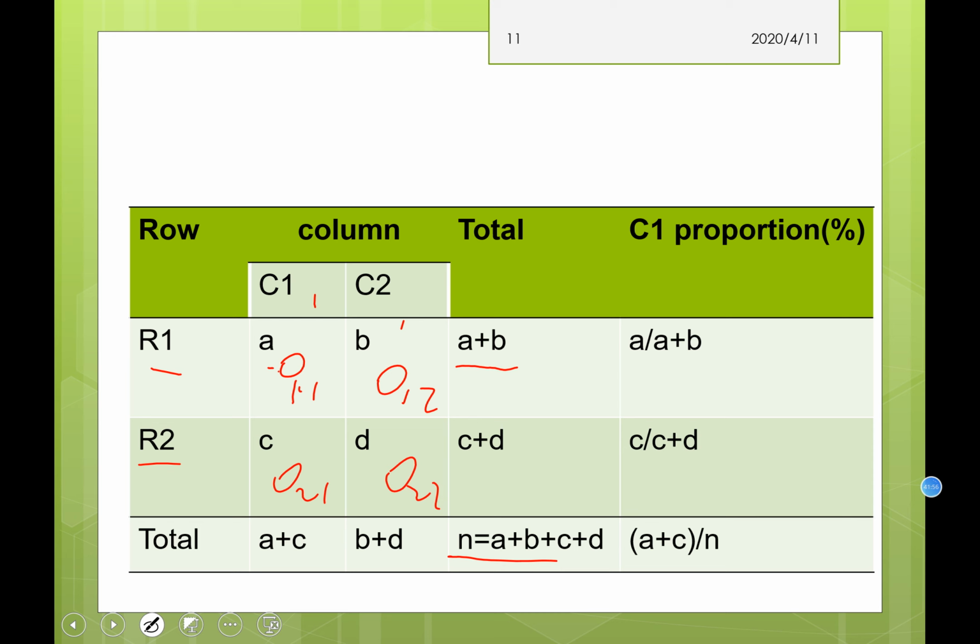And here let's calculate the proportion of C1 in each group.